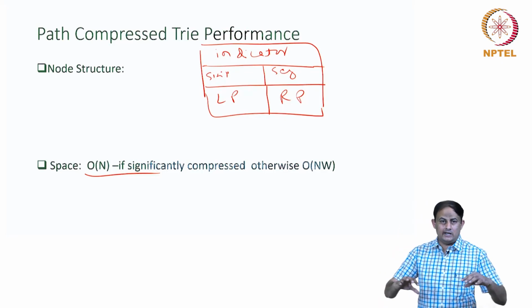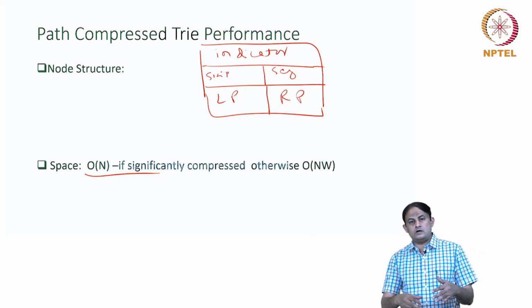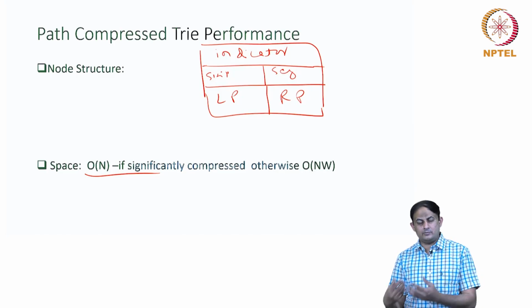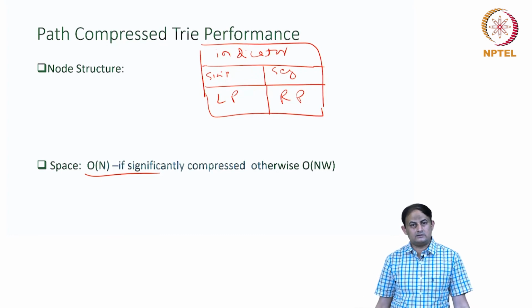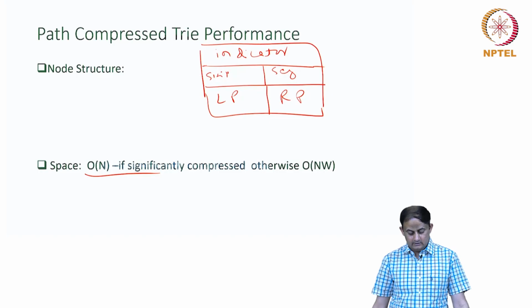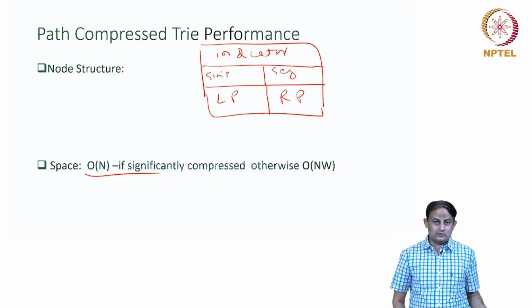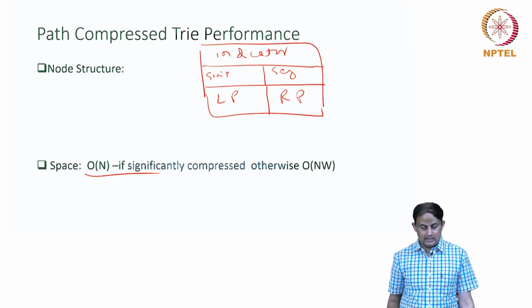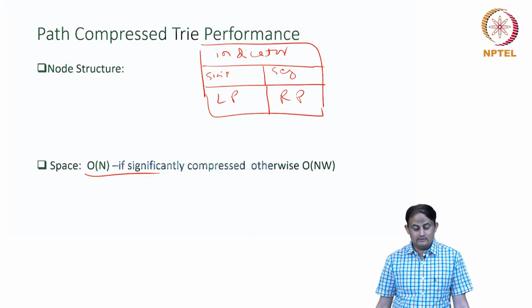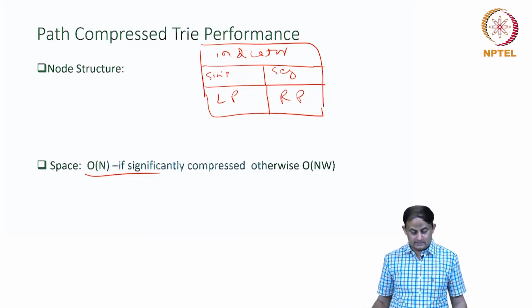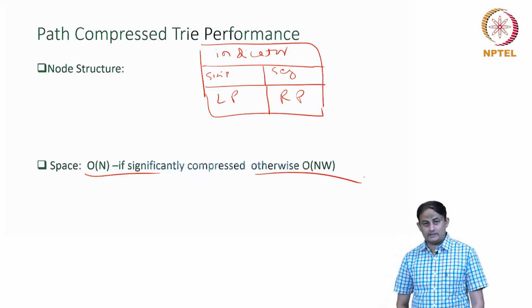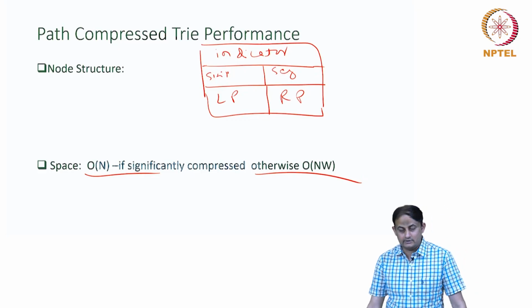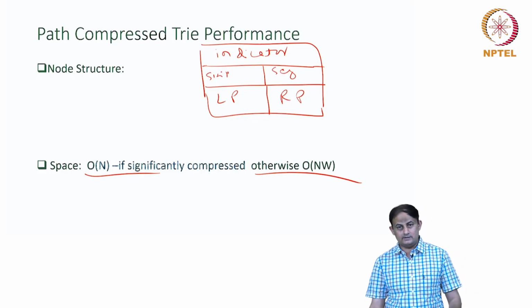Meaning you will have many intermediate nodes with a single child, which happens if your routing table is very sparse and has very few entries. Theoretically, although this is not exact, you will need order of n space, and otherwise in the worst case you will fall back to order of n times w. So that is the binary trie.